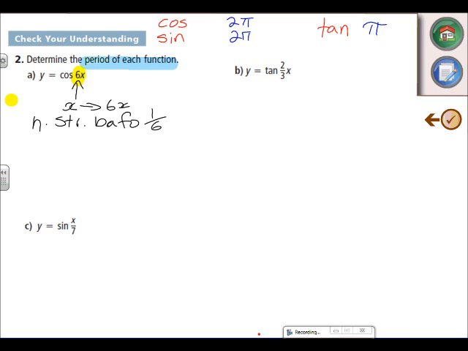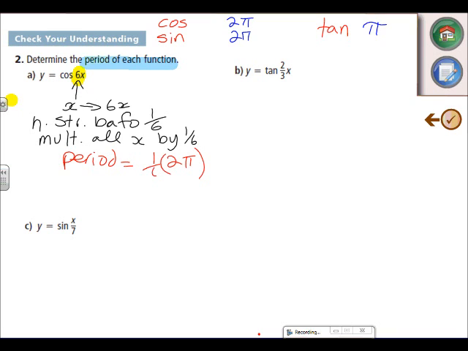So what that's telling you to do is multiply all x values by 1/6. So if the cosine period repeats every 2 pi, we're going to be multiplying that by 1/6 now. So originally the period was 2 pi, but we're multiplying it by 1/6. Or in essence, we're going 2 pi divided by 6. Take that to lowest terms, and you got pi over 3.